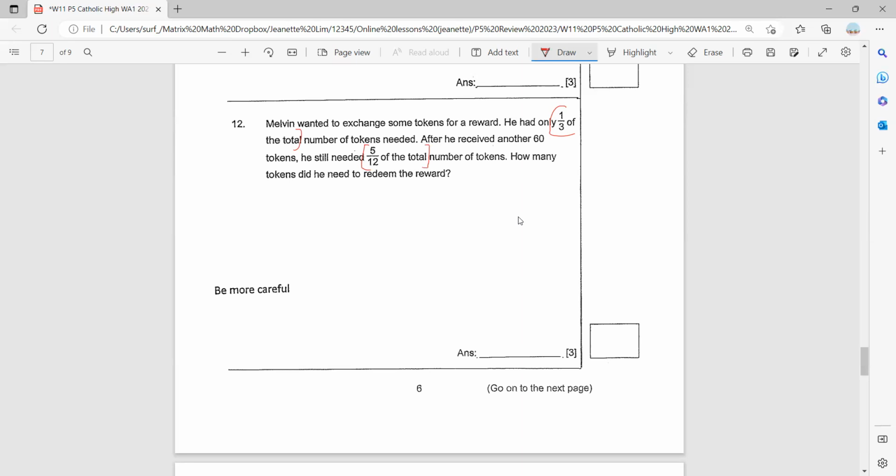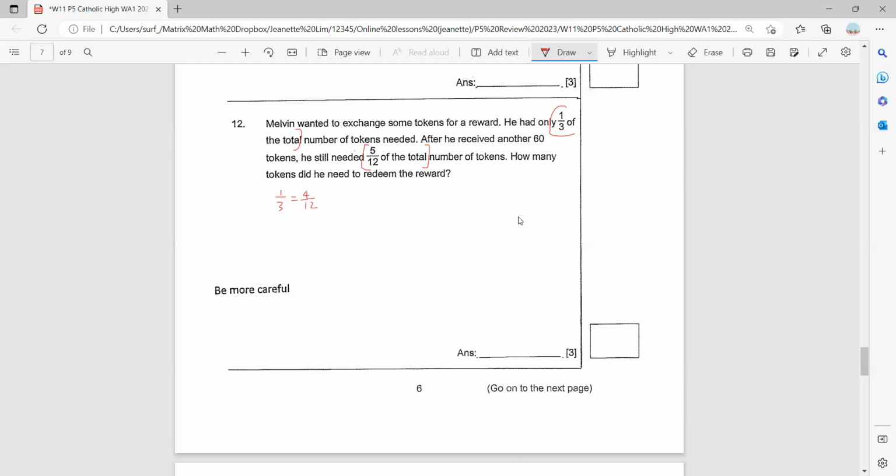So to make it comparable, we should change it to the same denominator since they are talking about the total. That's why I did 1 out of 3 times 4. So first, he only had 4/12.